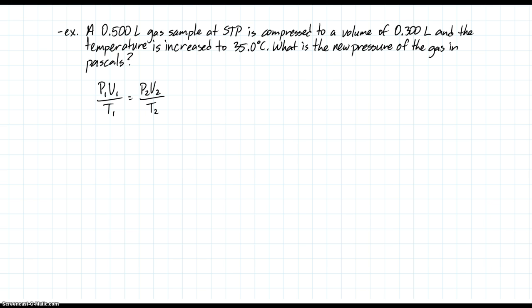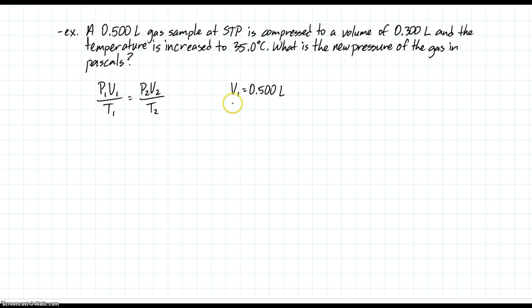So in the initial conditions, we have the volume is 0.500 liters, and we need to be careful here. Even though the temperature and pressure aren't spelled out for us, we are told that the gas sample was initially at STP, or standard temperature and pressure.